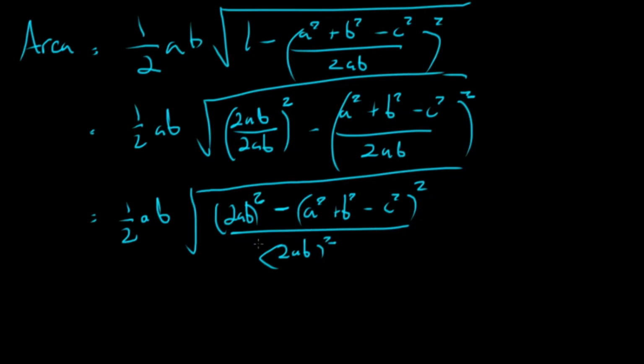I am going to first pull out this 2AB squared. I don't like it there. It's messy. And since it's squared, I can remind you that the square root of A squared is the absolute value of A. Since 2, A, and B are all positive, I can just go ahead and pull that thing out. So I'm going to have AB over 2.